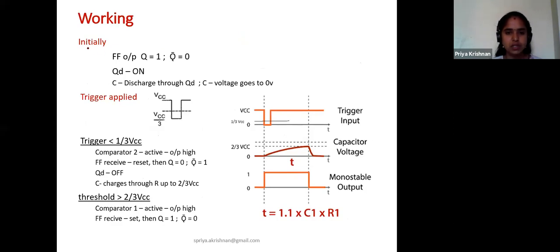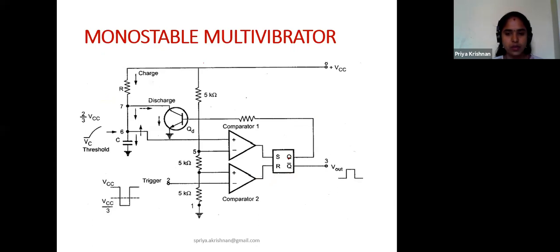First, initially, we are taking flip-flop output Q is equal to 1. Initially, I'm just assuming, okay? It is not the actual state. I'm assuming that Q is equal to 1.